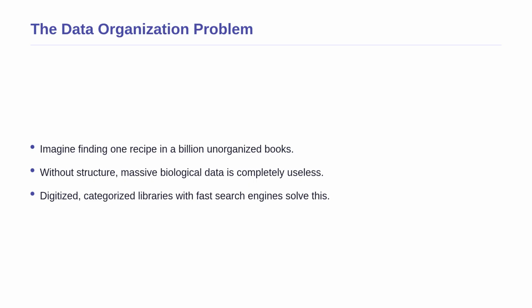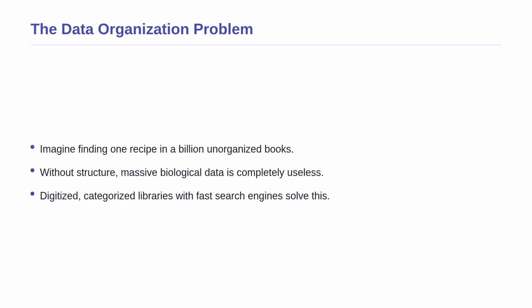To begin our journey, imagine you are trying to find a specific chocolate chip cookie recipe in a physical library that contains 1 billion unorganized books. You would spend your entire life searching and likely never find the exact page you need. This is exactly the problem that biological databases solve for modern scientists.